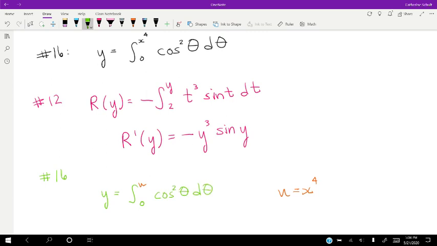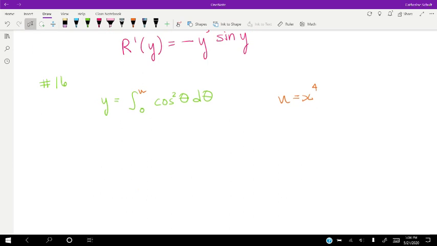Okay, and then y prime is going to be y prime of u, right? So like the fundamental theorem of calculus, but then we have to use the chain rule. So we'll have to do u prime of x. All right, and that's not too bad. U prime of x is going to be 4x cubed. All right, so let's see how that pans out.